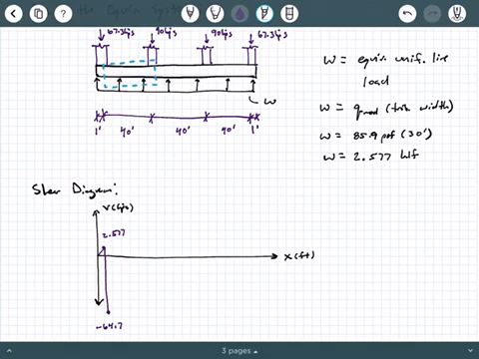So we say plus 2.577 times 40 feet, and that'll take us to a positive 38.4. So at the center line of the next column, we're going to be right around here at a positive 38.4, and that's going to be a linear increase.